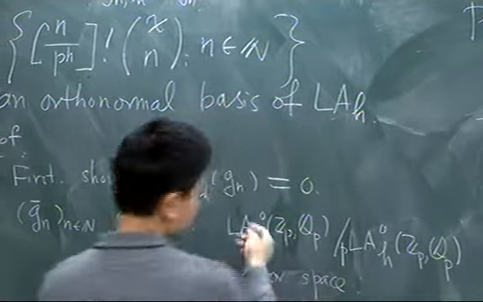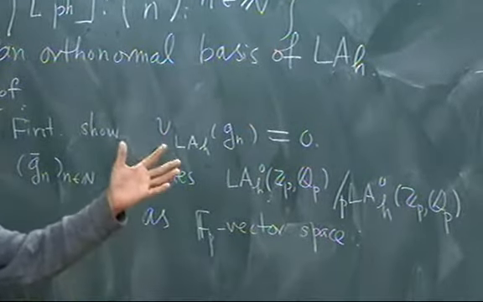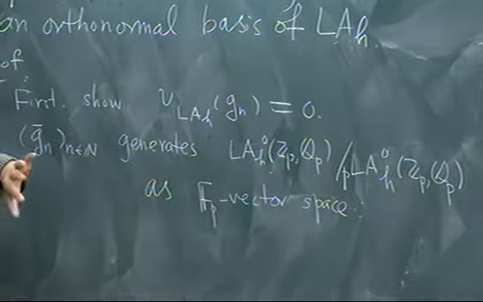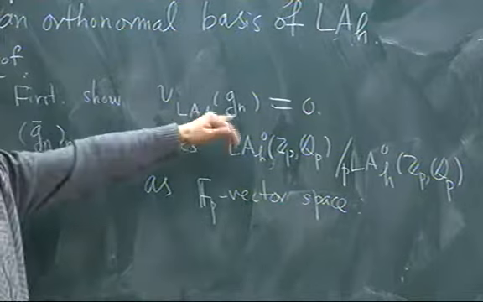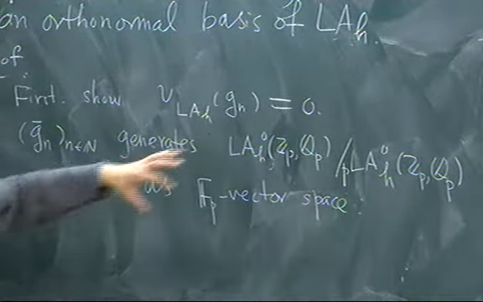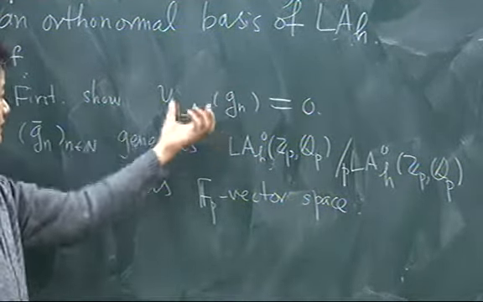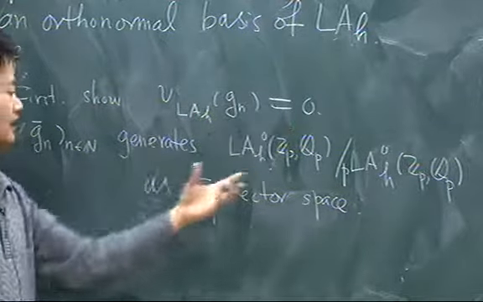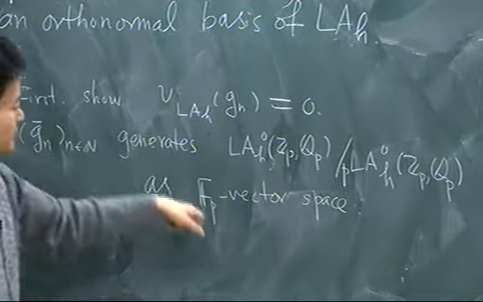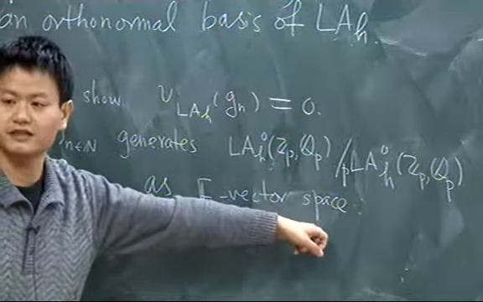So this is when we talk about the orthonormal basis. If you want to say something is really an orthonormal basis, you just need to check, first, that the valuation is 0, and secondly, that this generates it as a vector space.